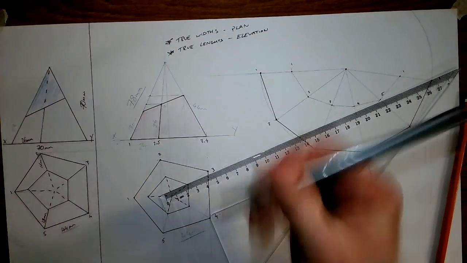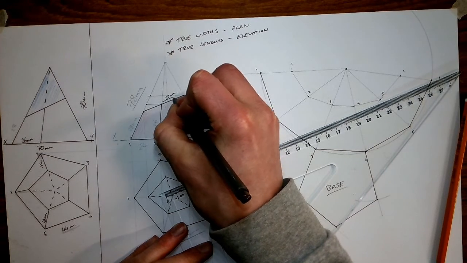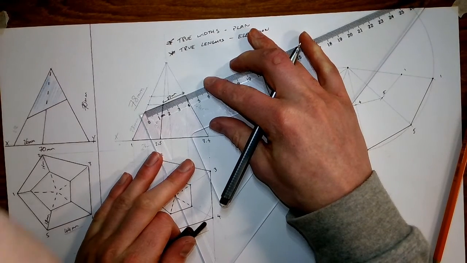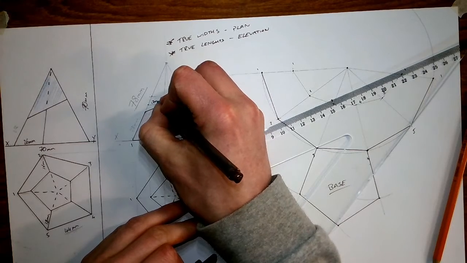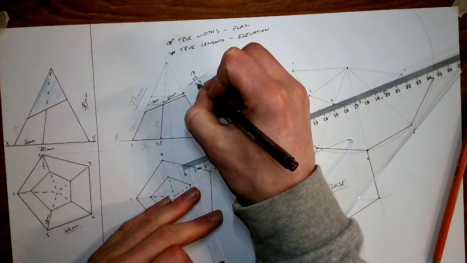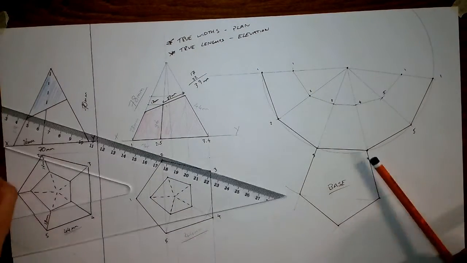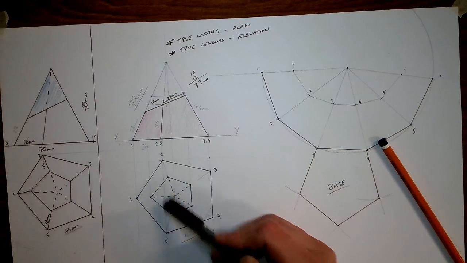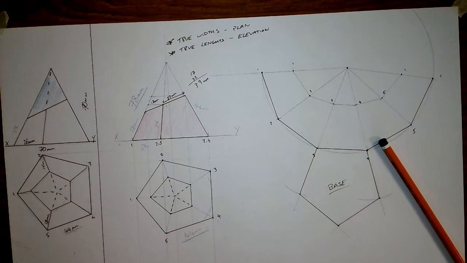I'll write it in pen so you can see it. 22 millimeters, from that point to that point, and then the rest of it is 17 millimeters. So if you add up to get the full length, it is 39 millimeters. The reason I've done it that way is because we're going to need to get this line anyway, to get these 2 points, so we may as well split it up from the start, just to speed it up.